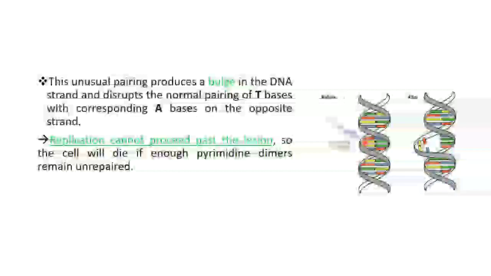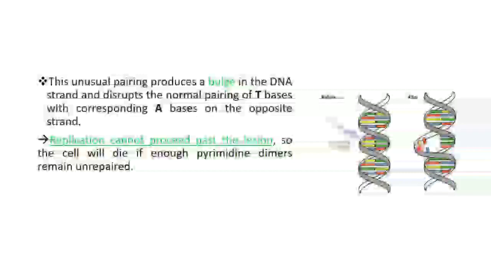So we have two thymine bases adjacent to each other, and this DNA was exposed to UV light. The UV light will increase the energy of the chemical bonds between the thymines, creating a thymine dimer. This structure, guys, represents the DNA after the incoming of UV light. And see how the thymine bases form a chemical bond between them.